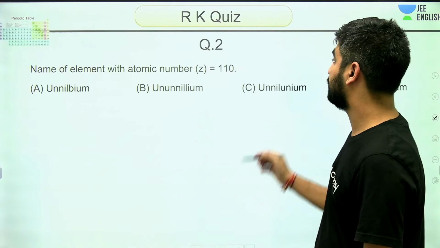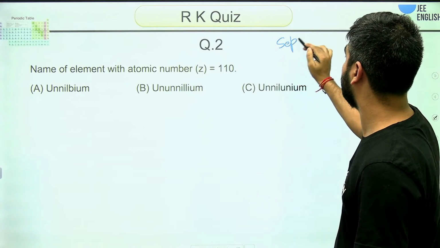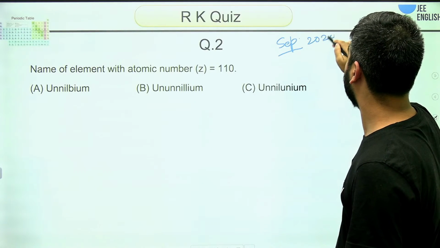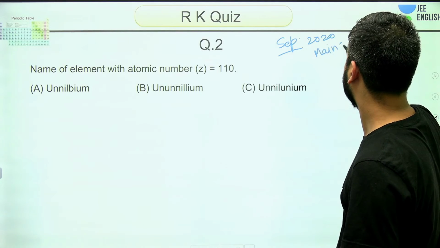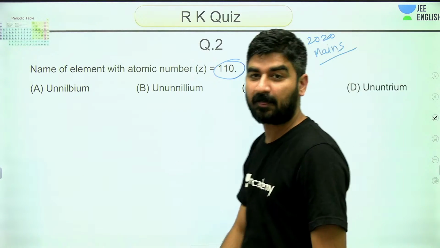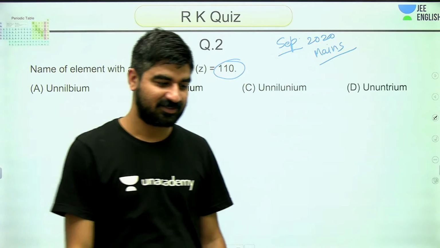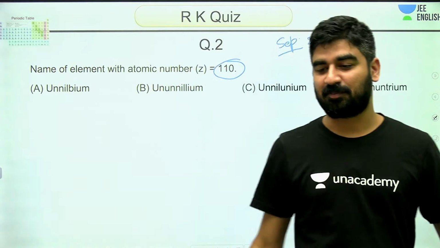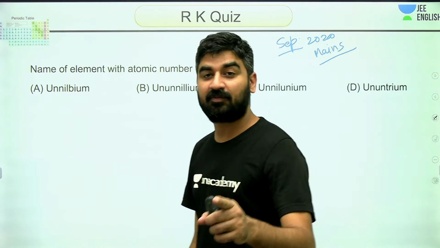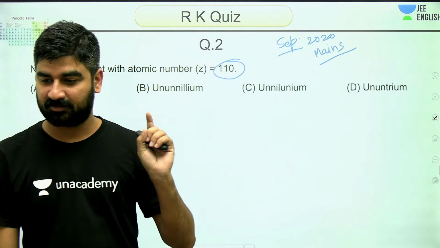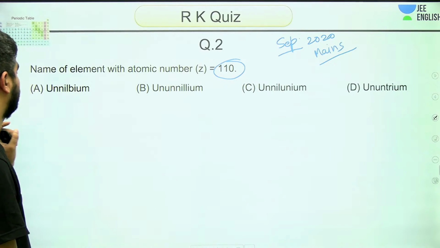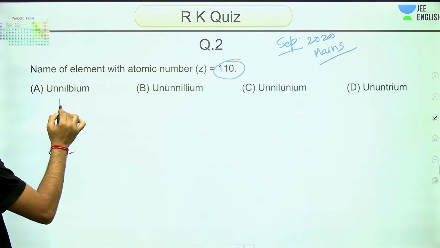Now you should know guys, yes, this problem was asked in September 2020 mains. How will you do this? Nomenclature of elements having atomic number more than 100. How will you do that nomenclature? So 1, 1, 0.